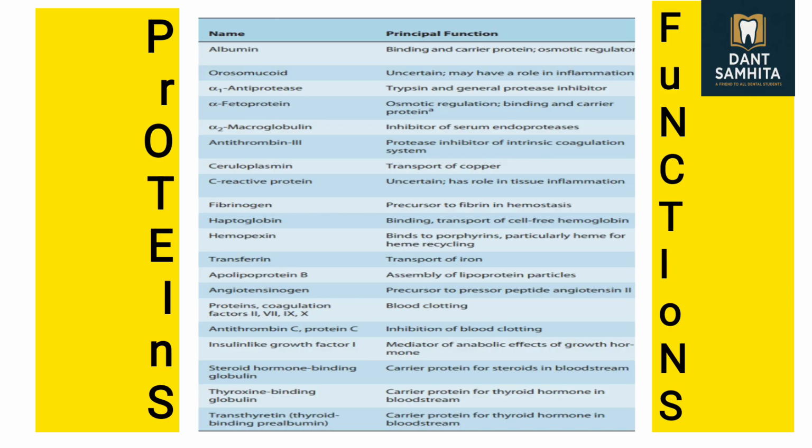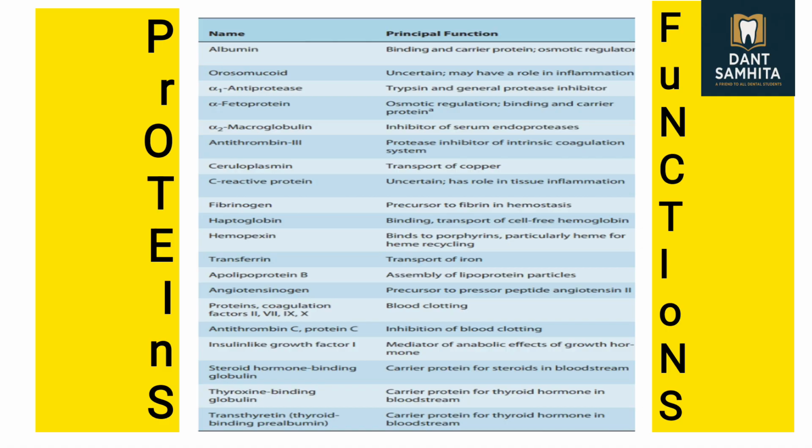Alpha-fetoprotein is for osmotic regulation, binding and carrier protein. Alpha-2 macroglobulin is the inhibitor of serum endoproteases. Antithrombin 3 is the protease inhibitor of the intrinsic coagulation system. Very, very important.